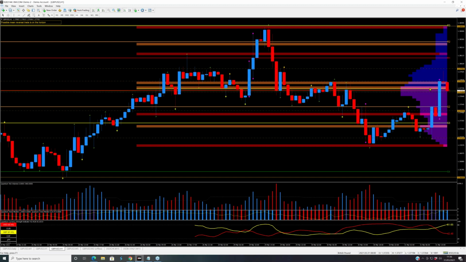As we saw on David's screen when looking at the euro dollar, what does the VPOC tell us? It tells us we can expect a degree of congestion, certainly a pause, while the market takes stock and decides what the direction is going to be.